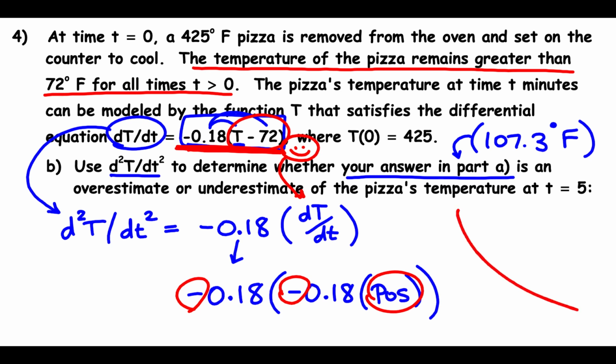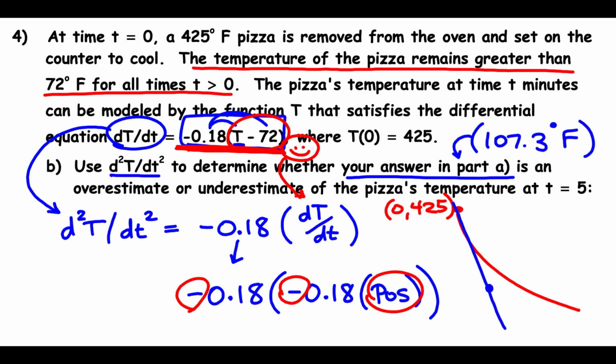The curve's going to look like this. On the curve, we had the point (0, 425). That was the pizza coming directly out of the oven. Later on, I used the tan line to find that after 5 minutes it was at 107.3, but the tangent line is just that. It's a line.